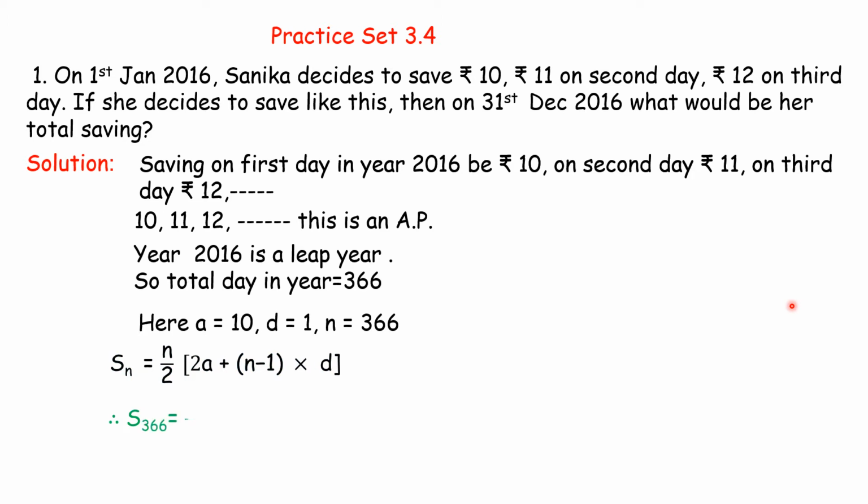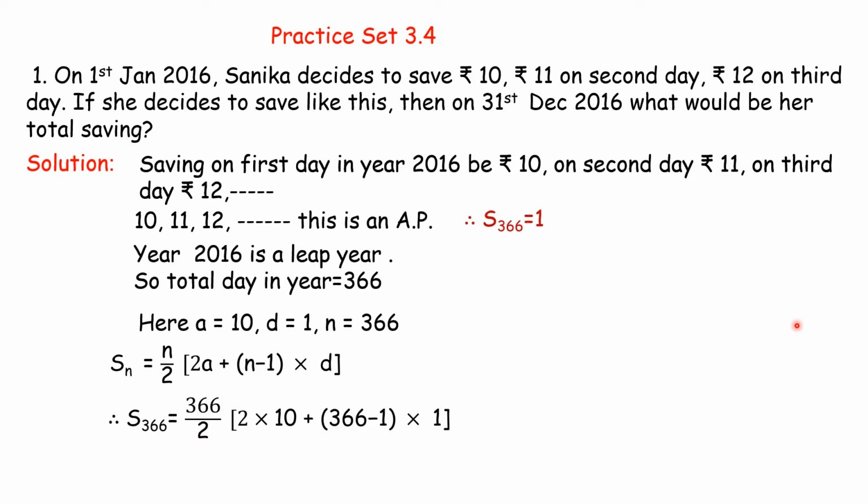Sum of first 366 terms is equal to 366 upon 2 into bracket 2 into 10 plus in bracket 366 minus 1 into 1.